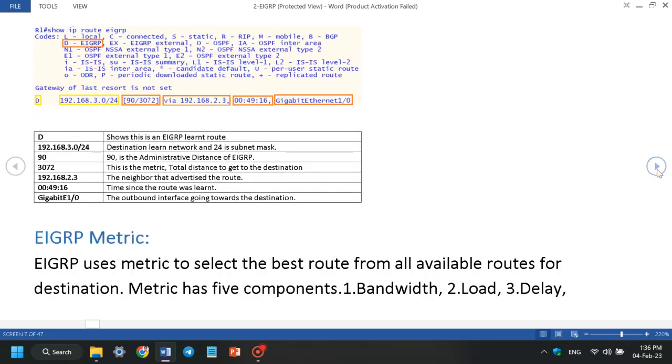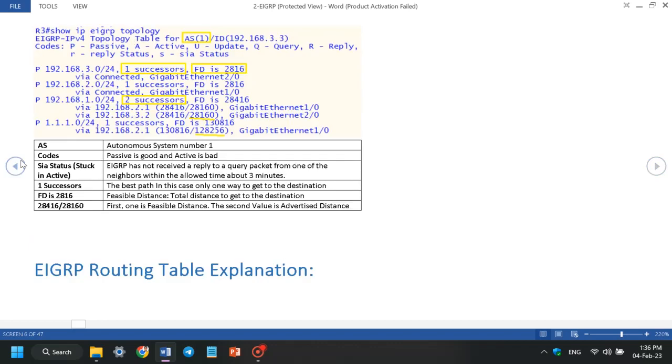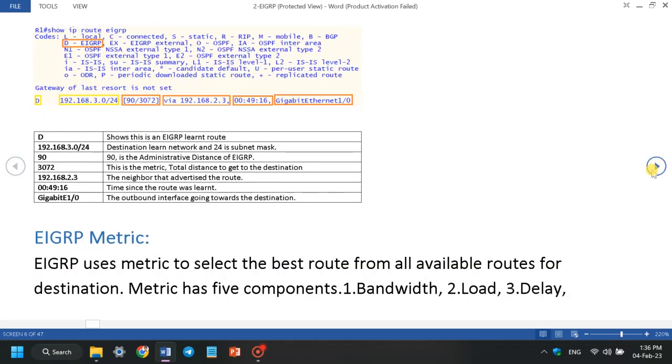Then the next table is the routing table. See, these are the important things we have to check. This is the routing entry marked with D for EIGRP. See, this is D, so we can see here D. So that is the way for routing.